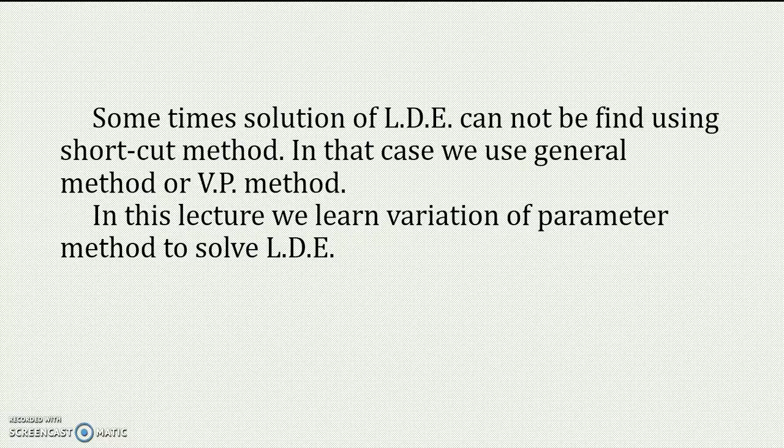The first is the general method, the second is the shortcut method, and the third is the variation of parameter method. But sometimes the solution cannot be determined by using the shortcut method. Therefore, in that case we use either the general method or the VP method.